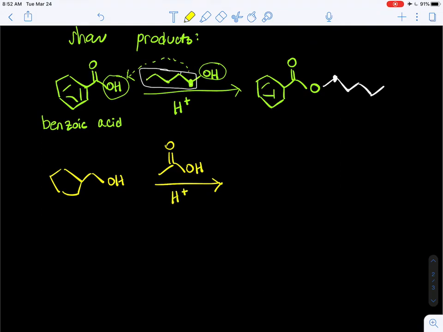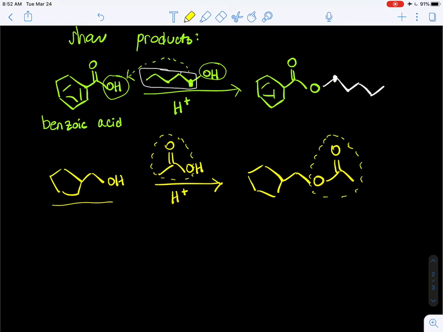So this is just swapped, but it's still A plus B. We've got an alcohol and we've got a carboxylic acid. So you could draw however you like. You could draw it with the alcohol here. Okay. And then here's your carboxylic acid, right, without the hydrogen.